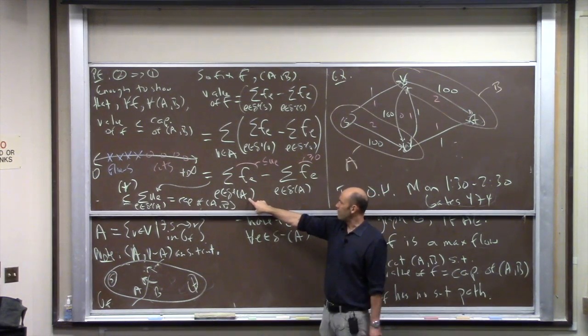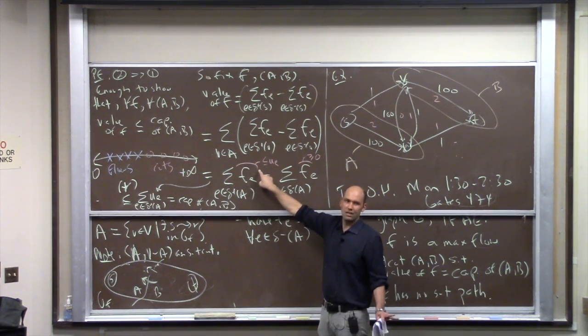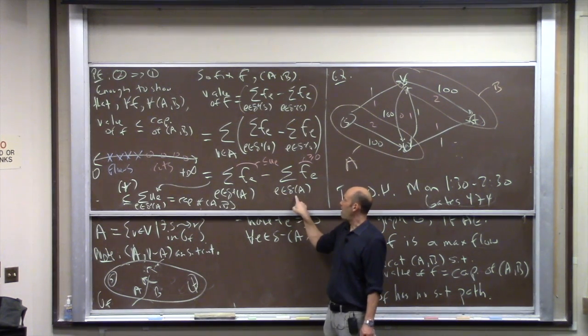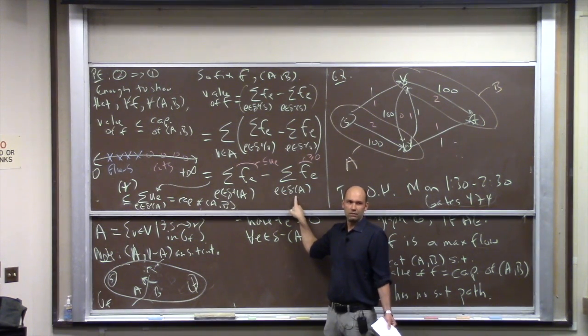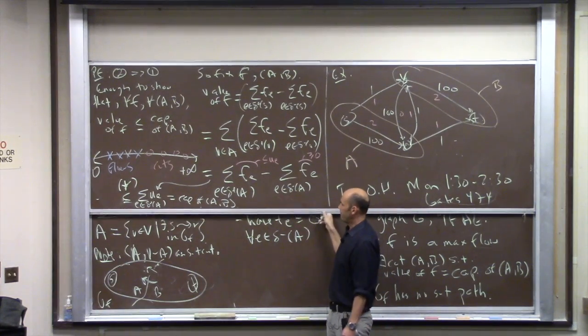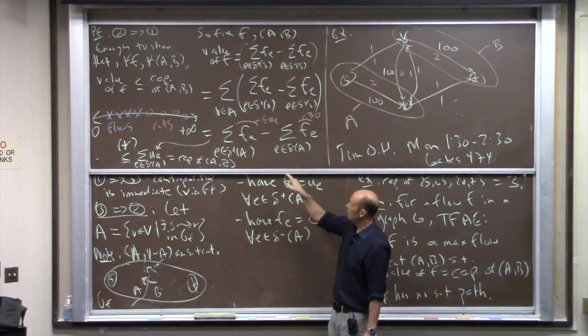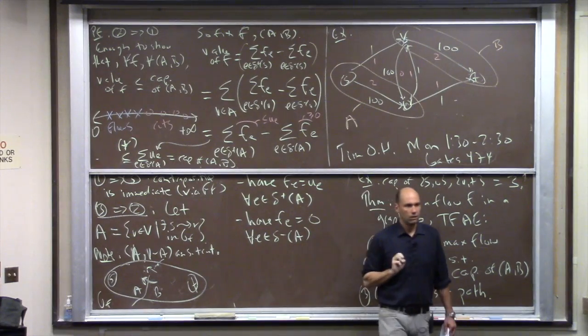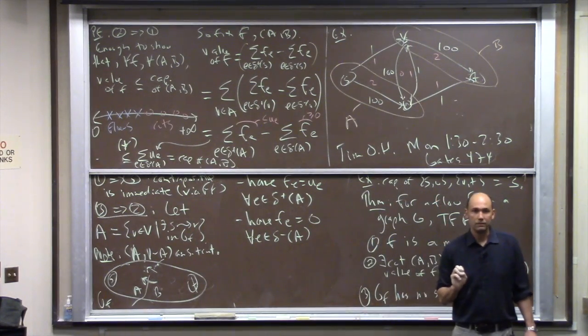We said, for all the edges sticking out of A, at worst, it's the capacity. All the edges sticking in, at worst, they're at least 0. And for this particular cut here, all of these inequalities hold with equality.